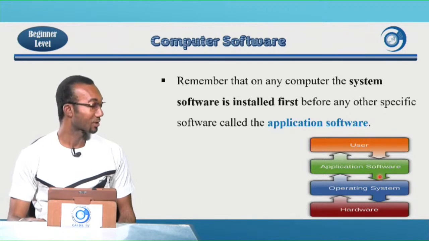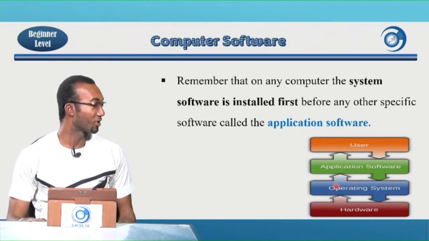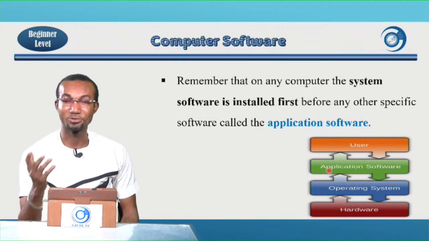Without the operating system and without the application, you, the user, cannot use the computer system. If you remove the operating system and the application software, then the user cannot use the hardware. It's just electronic components. You can't use them.